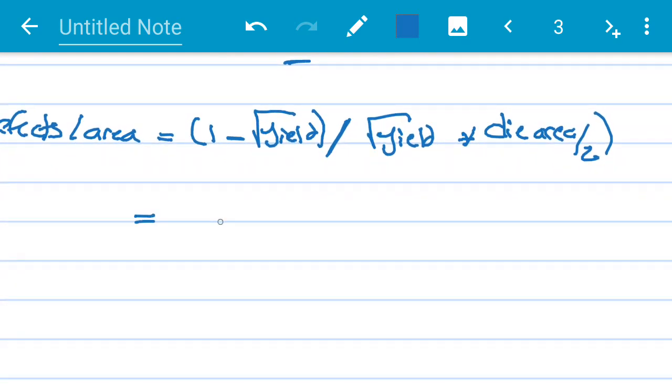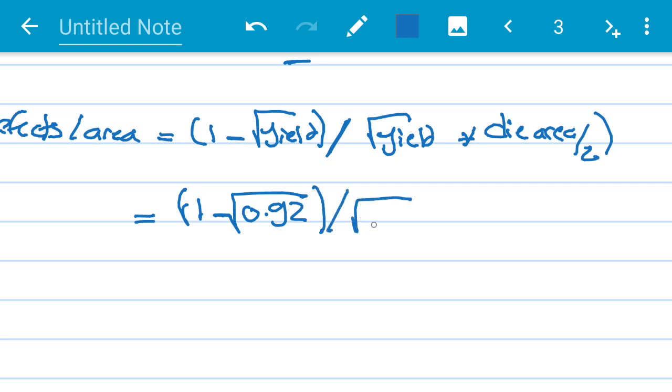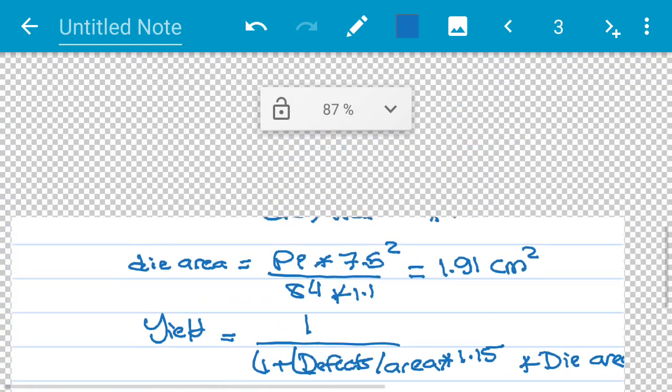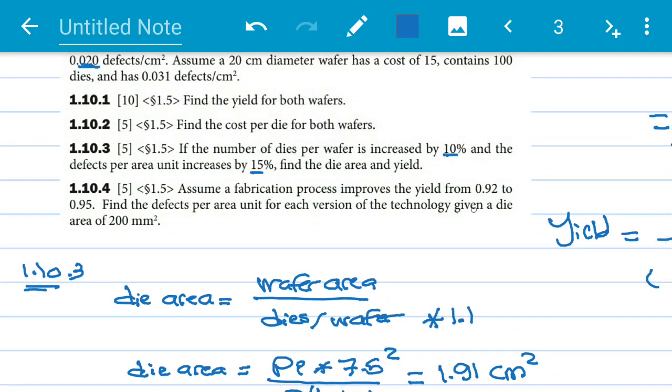Applying the numbers we have, one minus the square root of 0.92, over the square root of 0.92 times 2 over 2. Why was that 0.92?